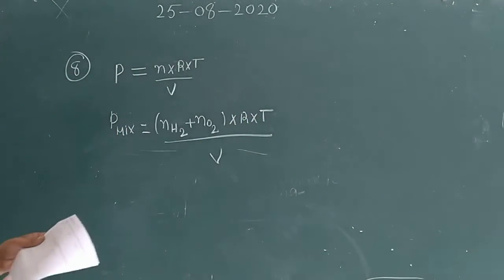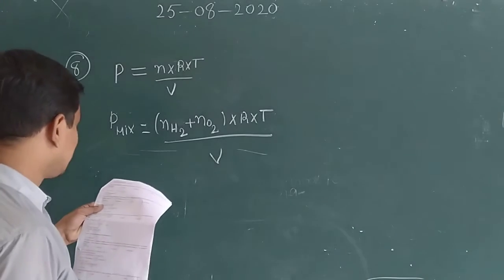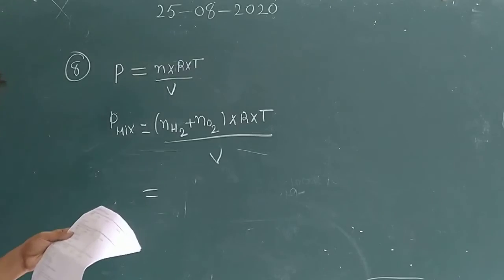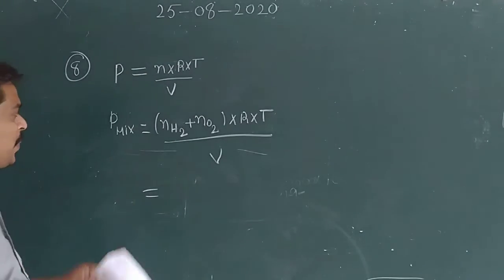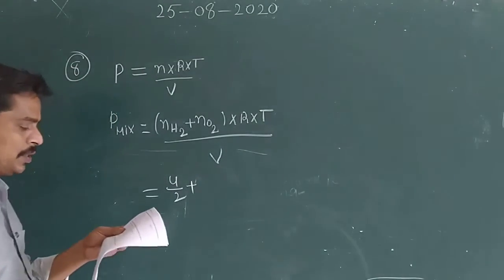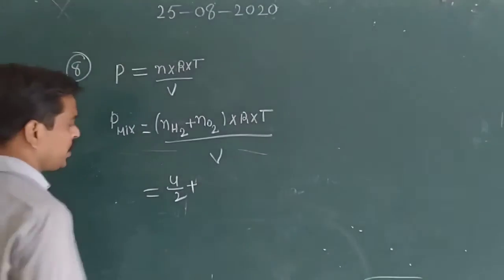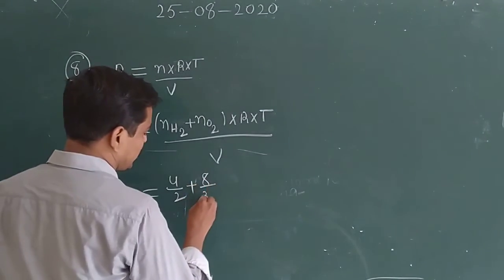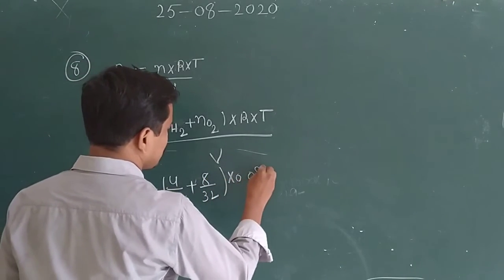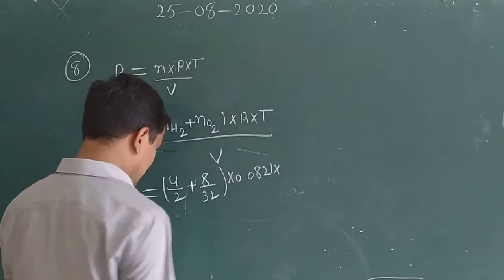Now come to my point, students. For n of H2, n means weight by gram molecular weight, so 4 by 2. Next, number of moles of O2 is 8 by 32, into R value 0.0821 into temperature.